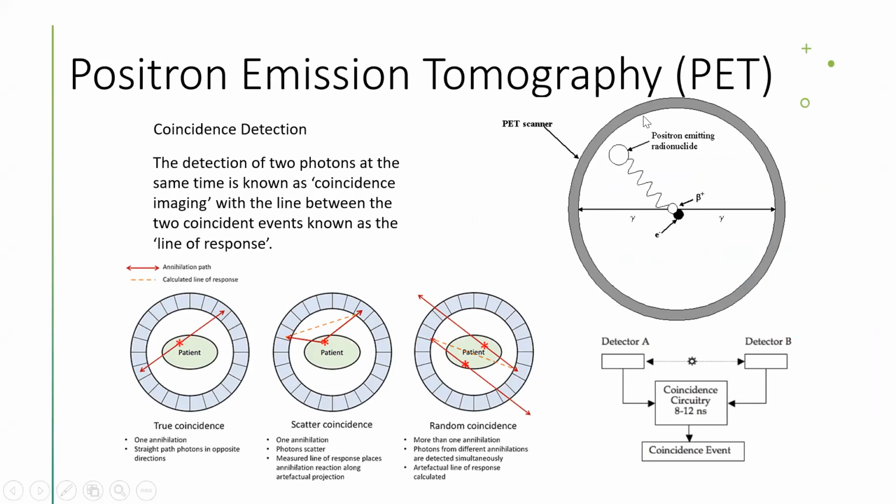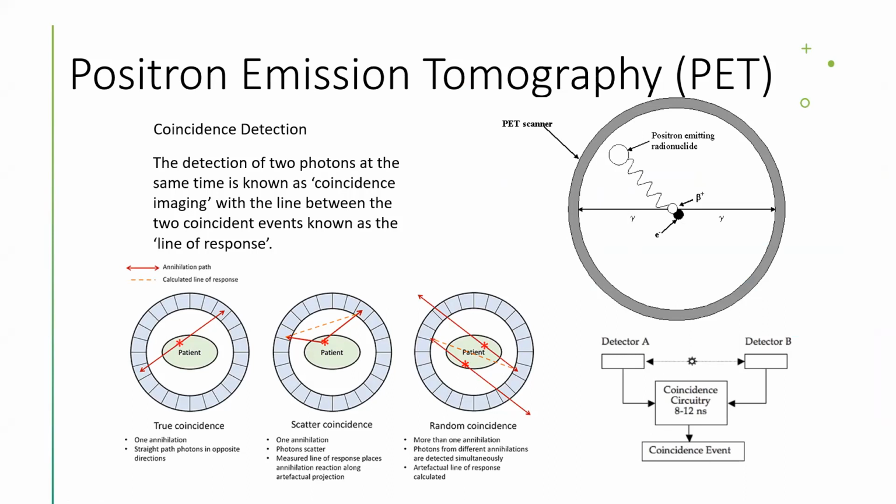If we have a detector A and a detector B, detector A will receive one photon, and detector B will receive the second photon within a certain time. This is what we call a coincidence event. The detection of two photons at the same time is known as coincidence imaging, with the line between the two coincident events known as the line of response.